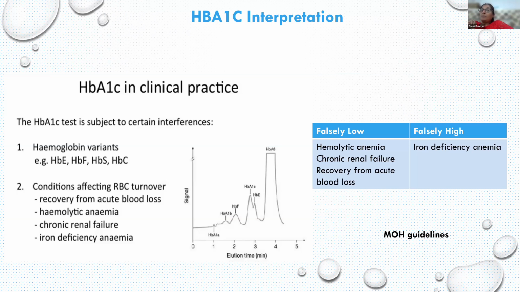We see thalassemia patients. These hemoglobinopathies do interact with the HbA1c assay. When the patient has thalassemia, we need to interpret the HbA1c properly and, if possible, we can also ask them for symptoms and their self-monitoring of blood glucose, which can give a better idea.